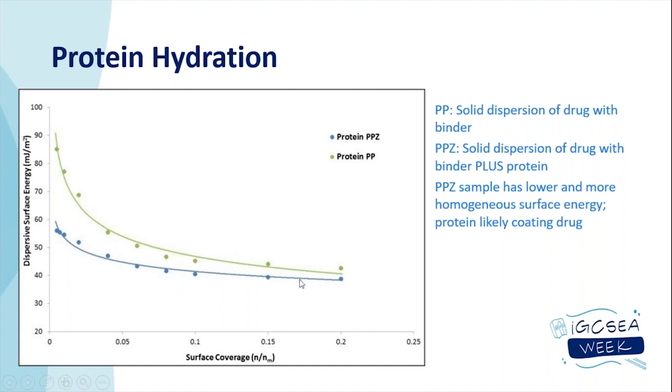So maybe this protein is coating some of it or covering some surface groups that are there, and that could help stabilize something in the solid dispersion, because now this API, or this drug, may not be exposed to water or other things like that. We can see that the protein is likely coating the drug, because the protein-added solid dispersion has a much lower surface energy, which would suggest an increased stability for that material.